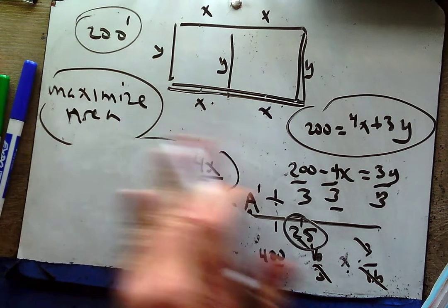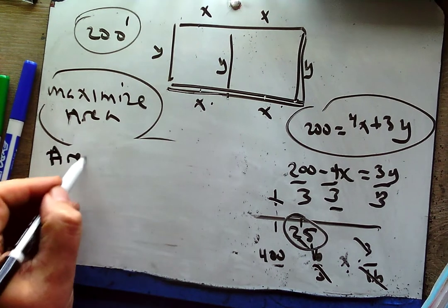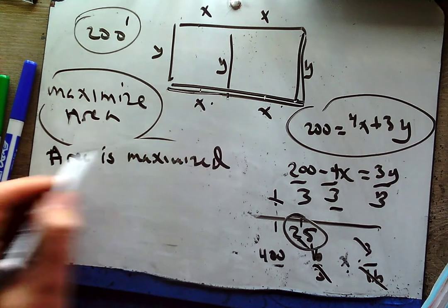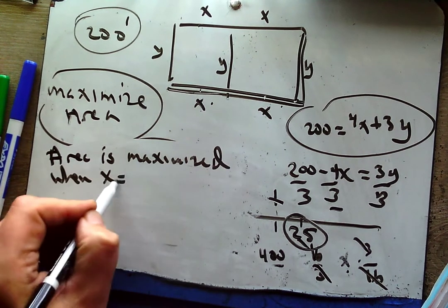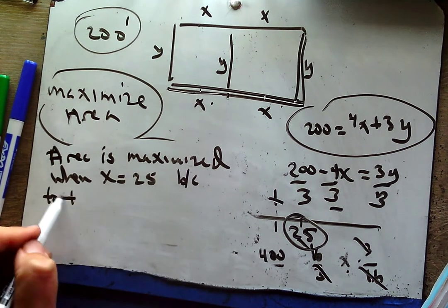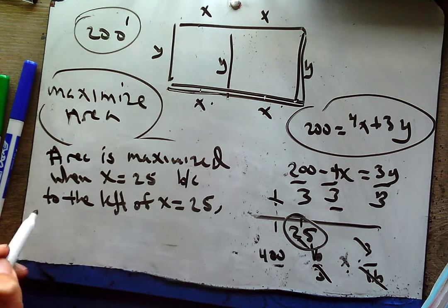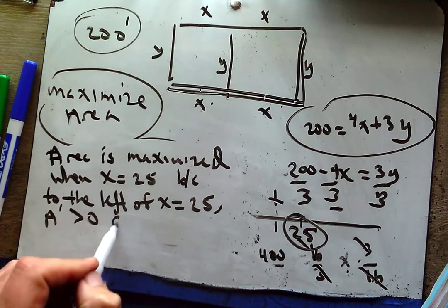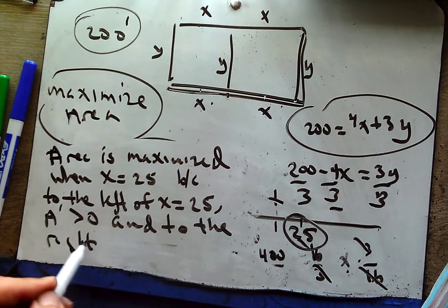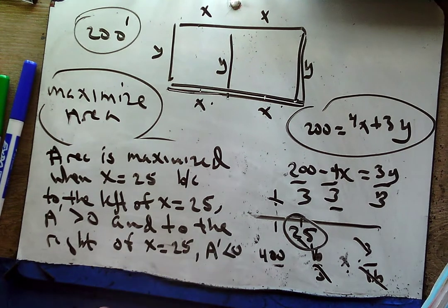So let's go. Area is maximized when x equals 25, because to the left of x equals 25, A prime is greater than 0, and to the right of x equals 25, A prime is less than 0.